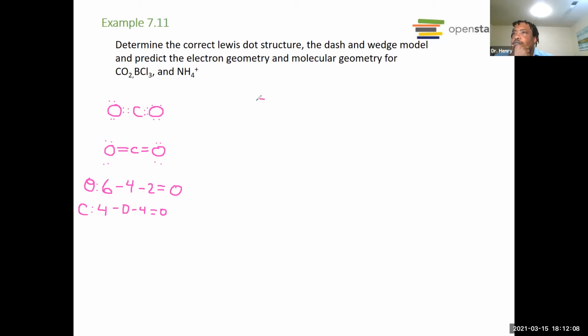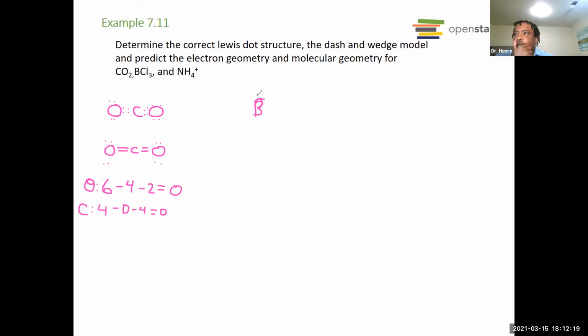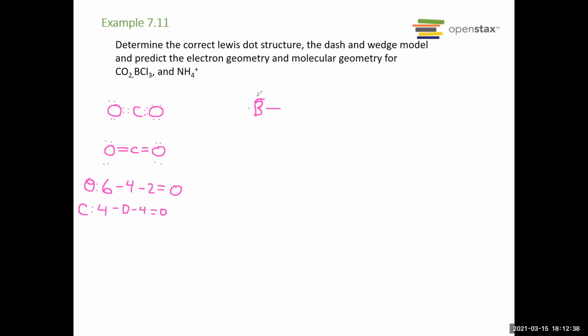What about BCl3? Who's going to be the center? Boron. Okay, so we have boron in the center. It has 3 valence electrons. What are we going to do next? Wouldn't it be Cl on the sides?